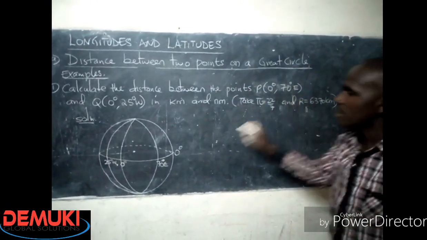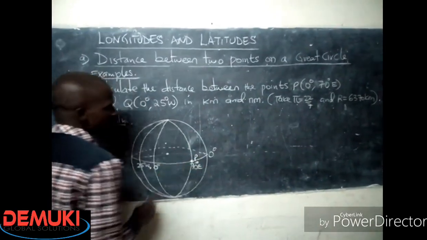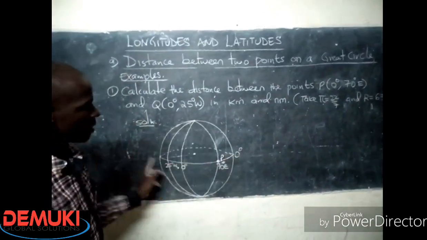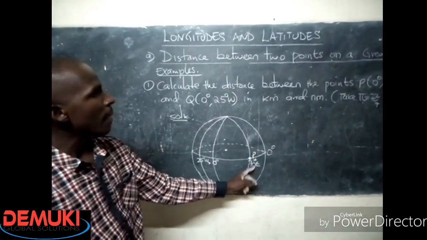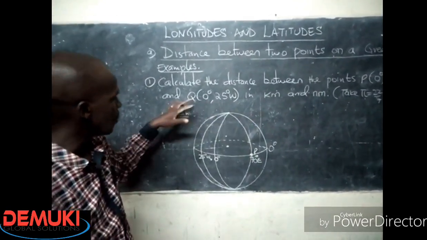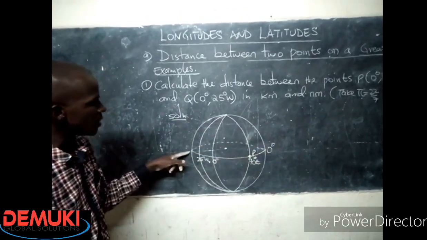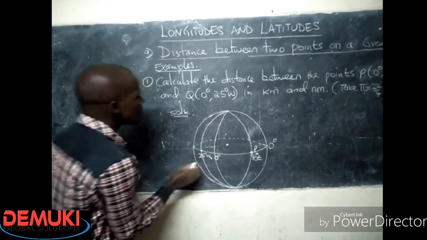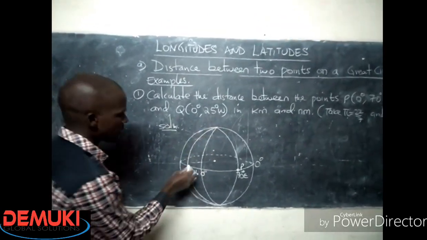70 degrees east. So this is our point here, P. 70 degrees east, 0 degrees, right? Then from there, we are being told the point Q is 0 degrees, so it's along the equator. Then it's on a longitude which is 25 degrees, but on the west, right?